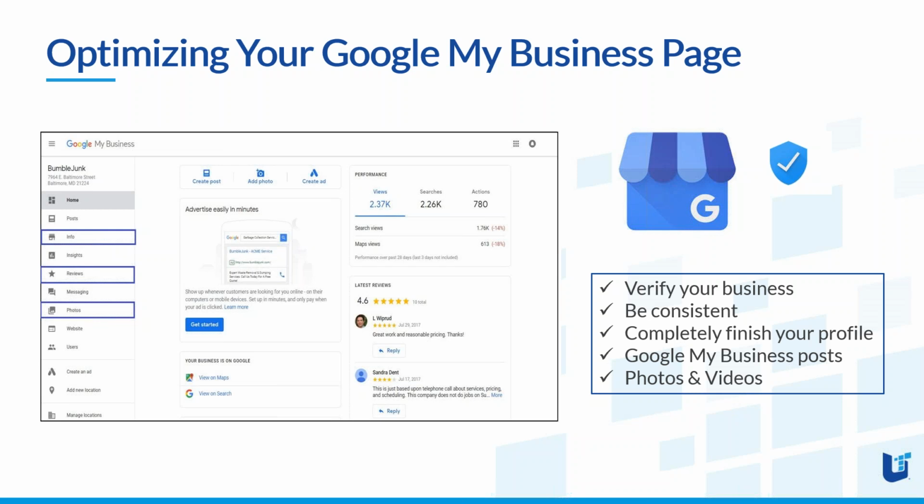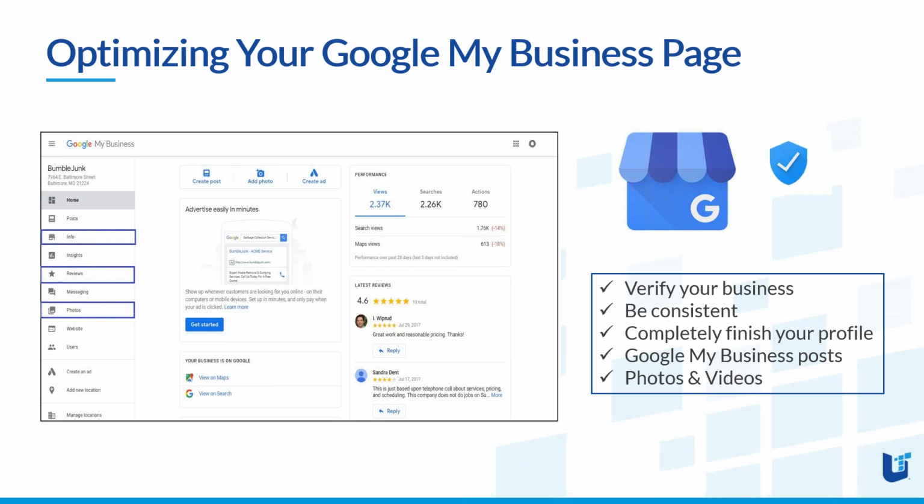On the left-hand side here, you're going to see a bunch of different places that you can go. The first one that we have highlighted in blue is the information page. Inside that information page is where you're going to put all your business's information. It's going to walk you through all the different areas that you need to fill out.